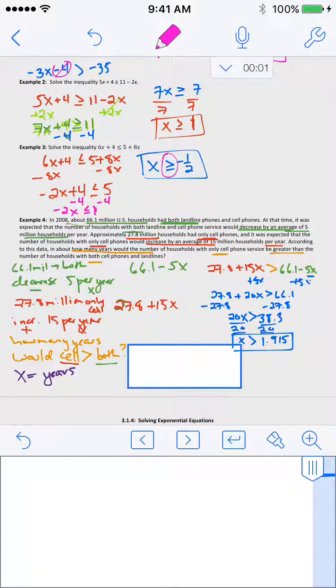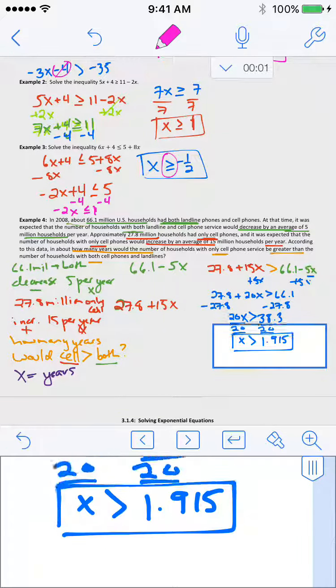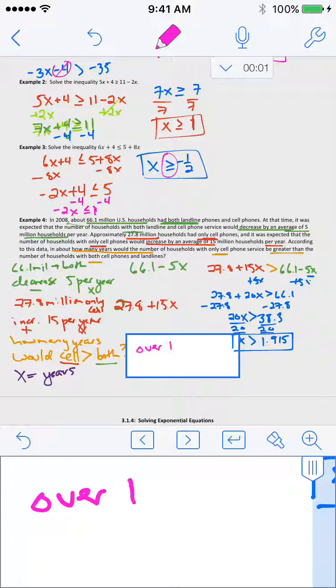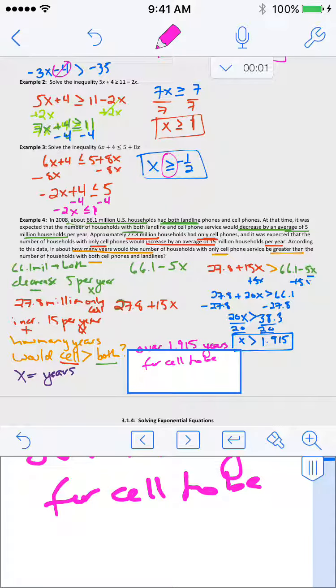So the last thing is, if x was years and x is now greater than 1.915, then that means it will take over 1.915 years for cell to be greater than both.